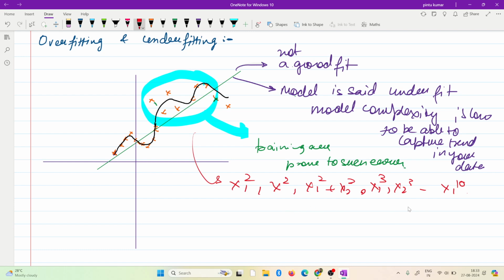Then if you increase the model complexity so much, the line that you draw will fit your data points exactly, so it will make zero error on them. But we wanted to learn the black line. We have learned the red line instead, because we had some noise in the data.